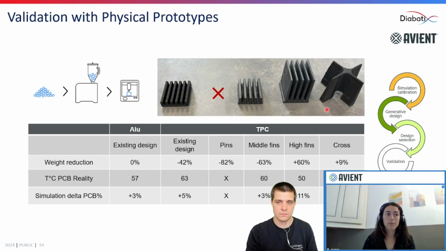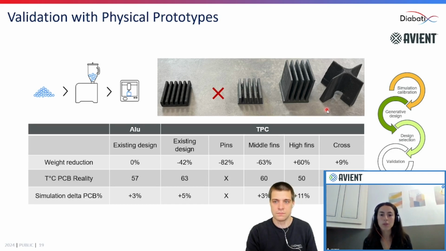Based on simulation and based on the physical measurements we did, we have pretty much the same conclusion. For example, the high fins is always the design that gives the best performance regarding temperature, but we are not lightweighting the part with this design.